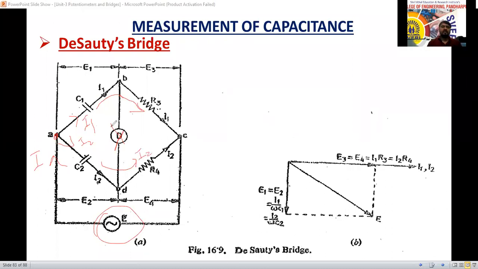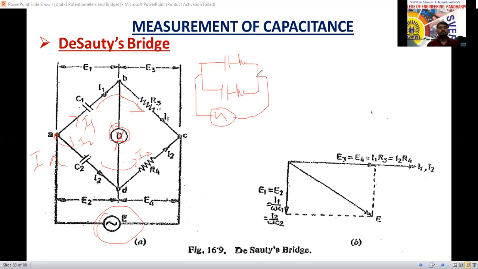If there is no detector at all, then the circuit will be like this: one capacitor and one resistance, these two connected in parallel. This is a parallel circuit, yes or no? If there is no detector here, I have given the supply to this.